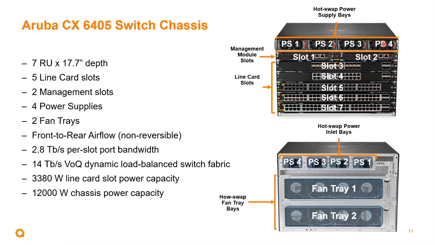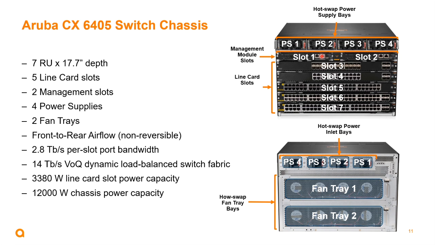We have a mirroring or matching receptacle at the rear, where the inlet power is connected, again matching the front modules, and must be paired appropriately. We have the two management slots, facing slot 1 and slot 2. Obviously the switch will operate with just one management module if you wish to do so.